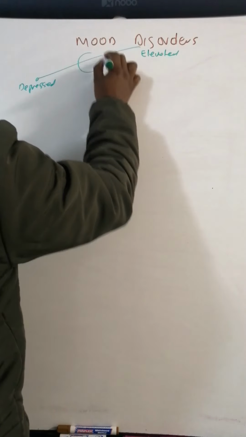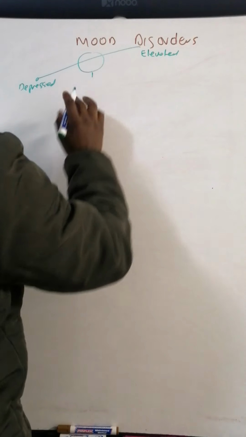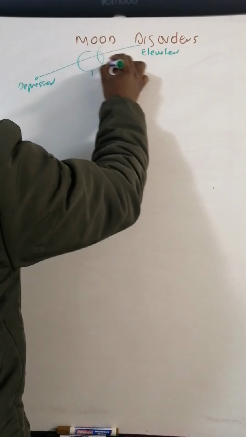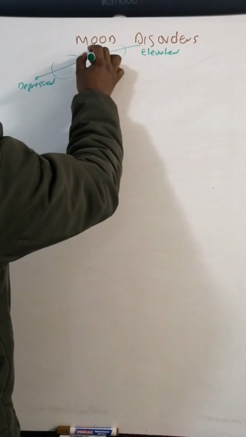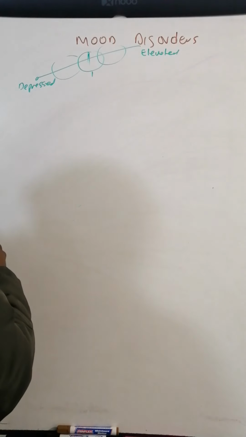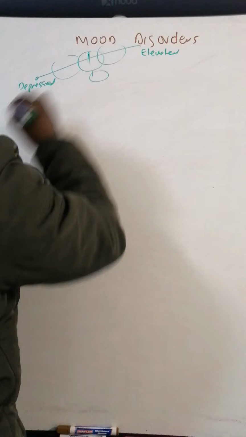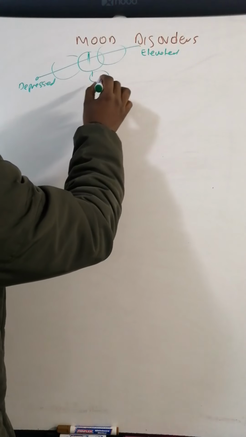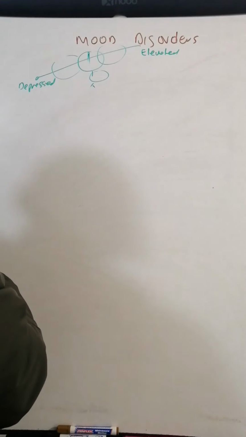And then here, that's where we spoke about the types of bipolars, because you have a bit of this side and a bit of this side. That's why I put it in the middle. So this is going to be bipolar mood disorders, or bipolar and related disorders.